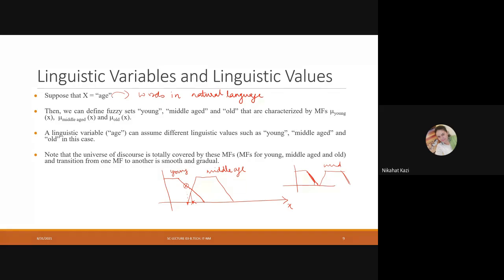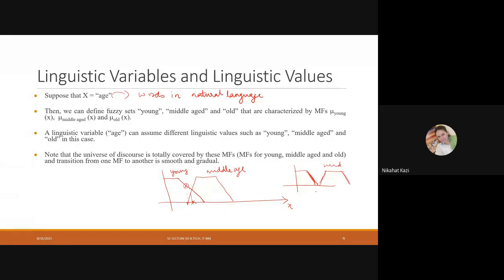So whenever you are designing a fuzzy inference system or a fuzzy knowledge based system, you will have such MFs spanning the entire universe that you define, but the transition from one MF to another will be gradual and smooth, not abrupt. You will almost never have something without any overlap.